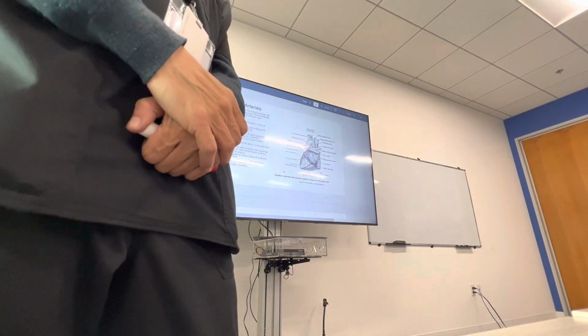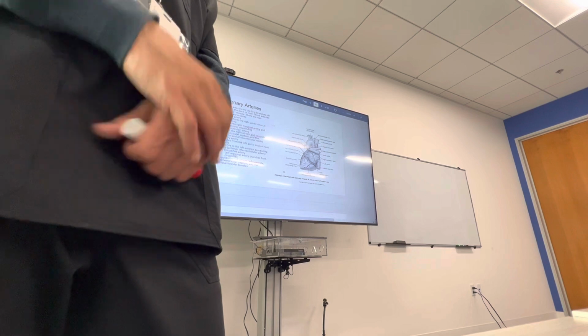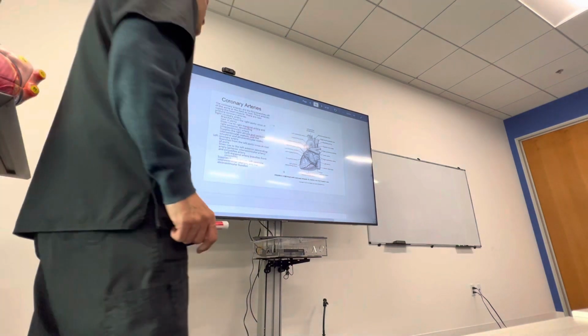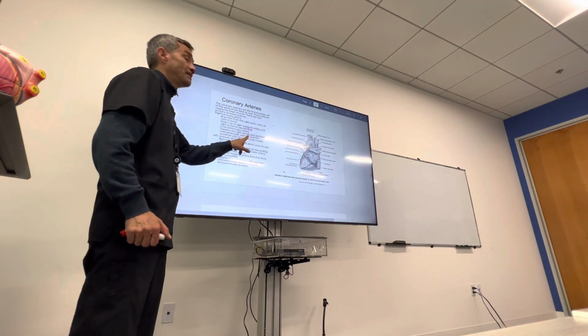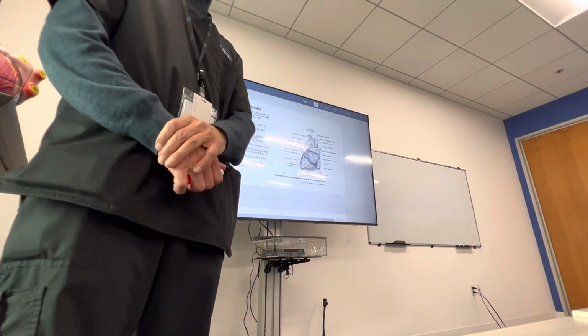So the right side of your heart is supplied by the right coronary artery, and the right coronary artery gives two major branches: the marginal artery and the right interventricular artery.